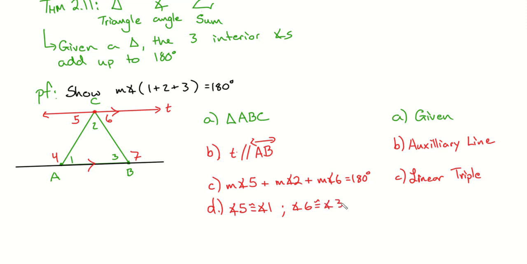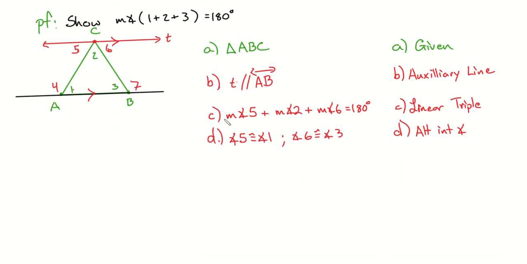The order doesn't matter, I just changed it so it's consistent. On either one of these, whether 5 is the same as 1 or 6 is the same as 3, how do I know that? Opposite. So alternate. But if you wrote opposite, I would take it. Alternate interior angle. It's really a theorem, but I'm just going to shorthand it there. Okay. Now, can I do my substitution?